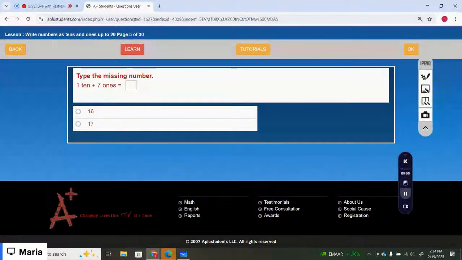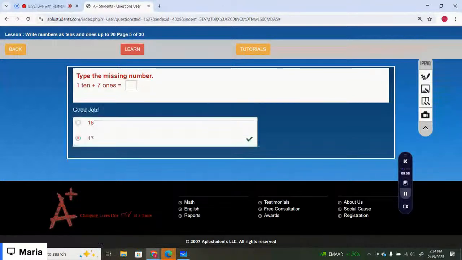One ten and 7 ones makes 17. Option number 2 is the correct option.